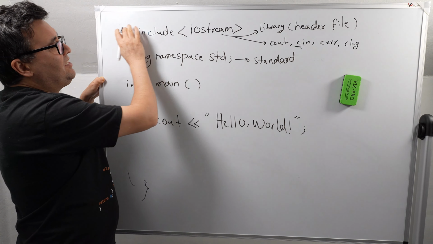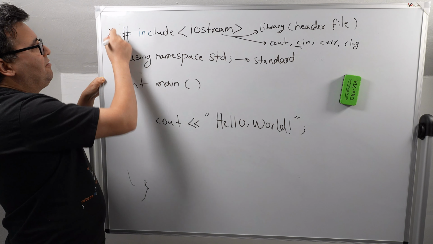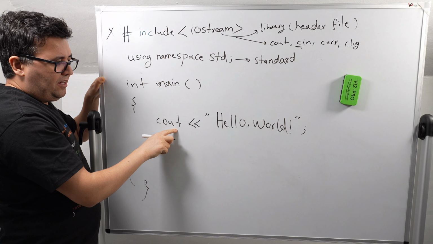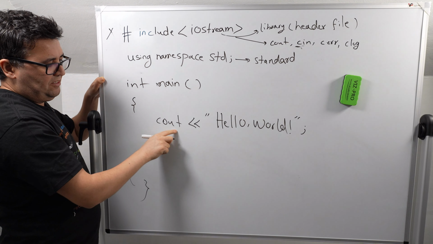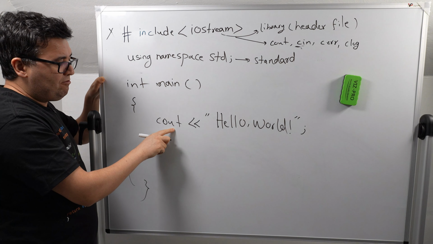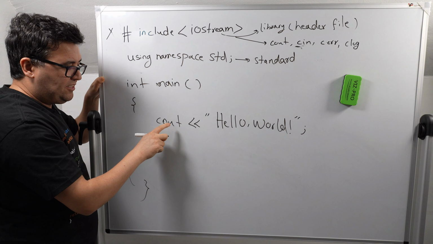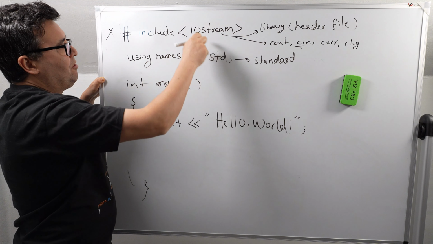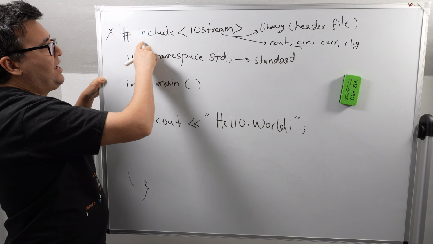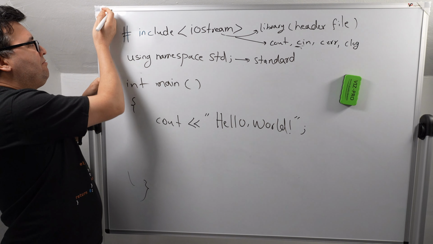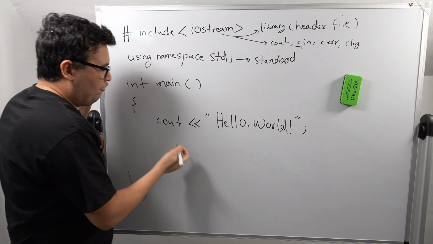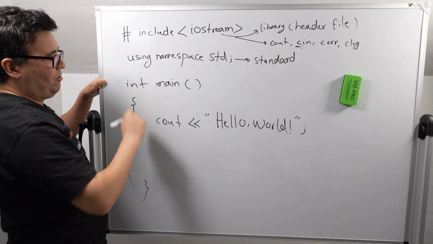If we remove the first line and write cout here, the C++ compiler doesn't understand it. It will give you a compile time error saying it doesn't recognize cout, because we don't have #include iostream in our program. So when we need to use cout, cin, cerr, clog, we need to have this line in our program.